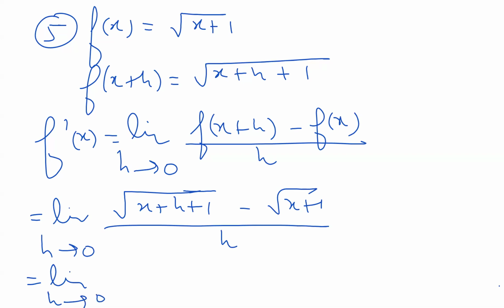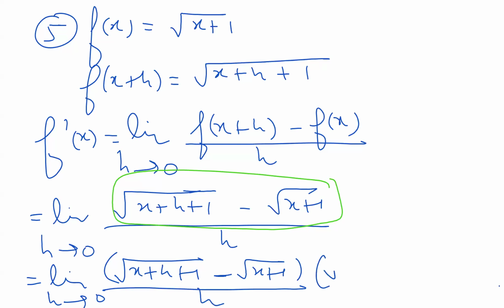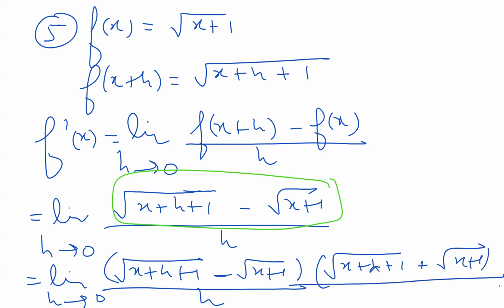Okay, so now we have root minus root in the numerator. So just rationalize this. Rationalize, don't make any silly mistakes. Now in the numerator we are having a minus b, a plus b, which is a square minus b square.